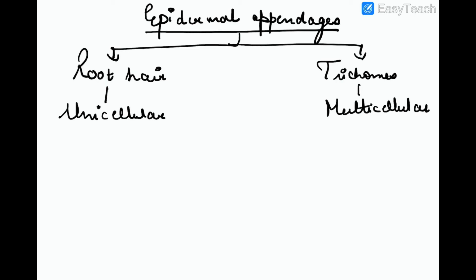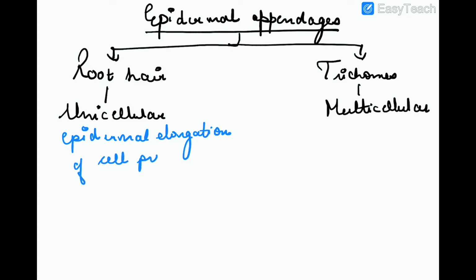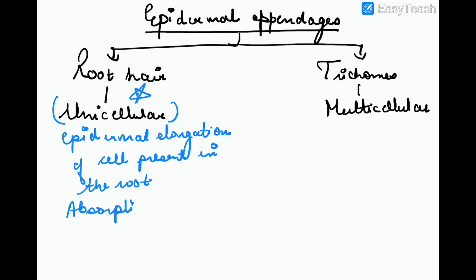Root hairs are epidermal elongations of cells present in the root, which are unicellular, and they help in absorption of water and minerals from the soil.